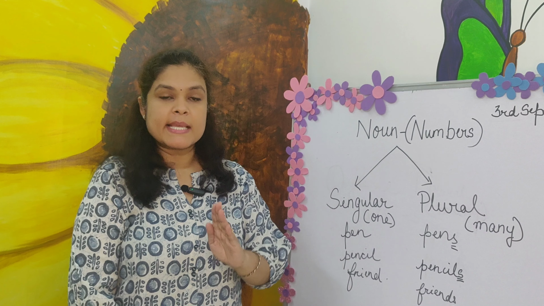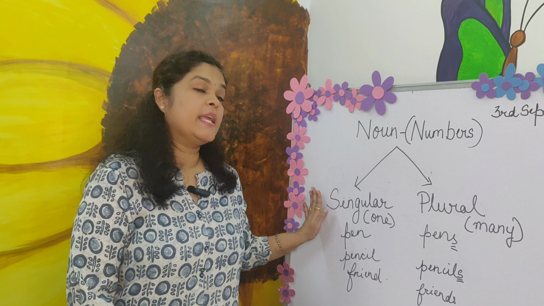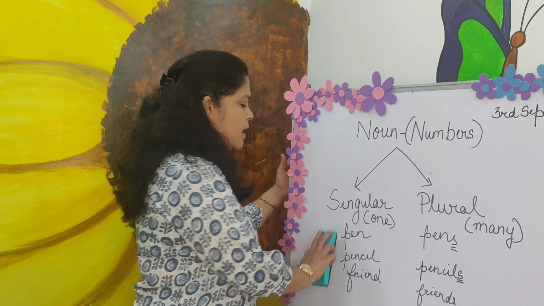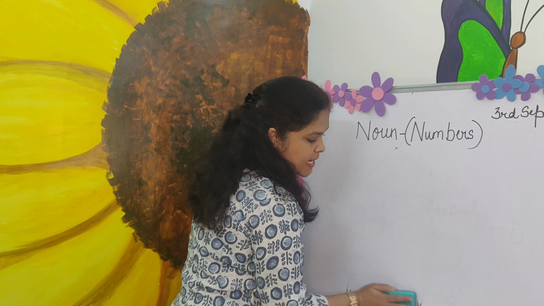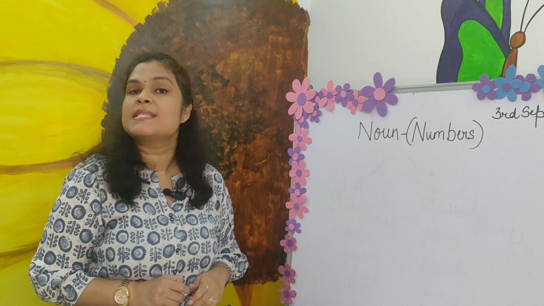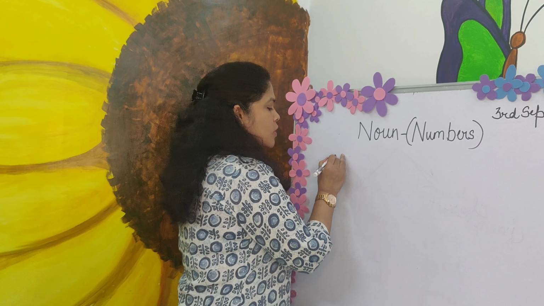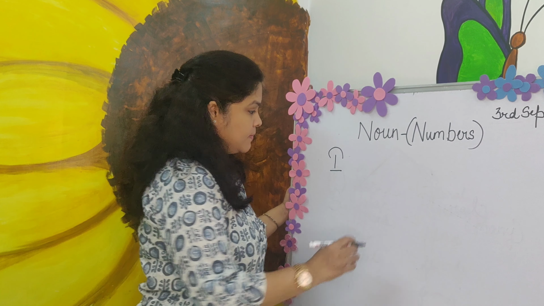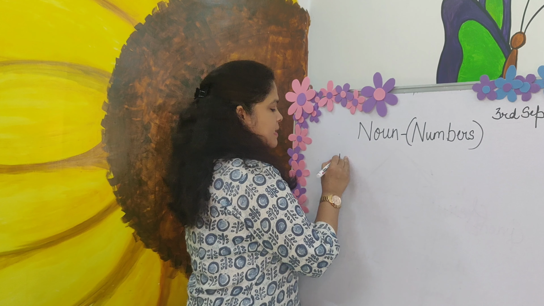There are certain rules that we need to remember while we are converting from the singular form to the plural form. Let us dive deep into this world of rules. Let me tell you, it's sounding big but it isn't that difficult. We just need to remember certain things. So the first rule says, or let's not write it like this, we should write like this.